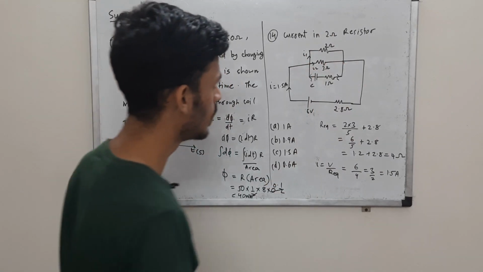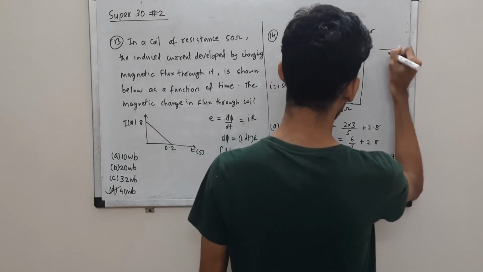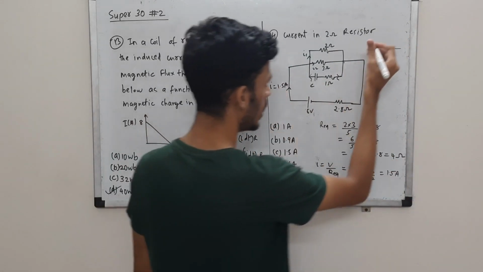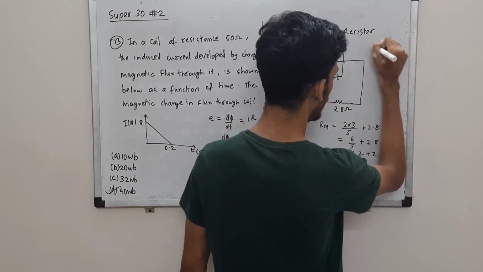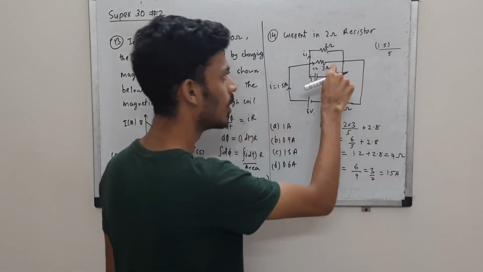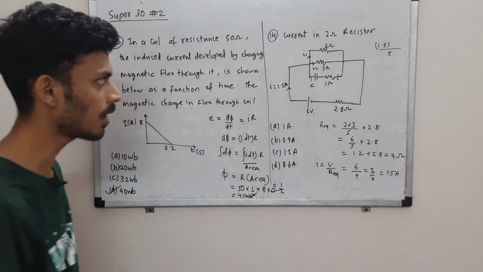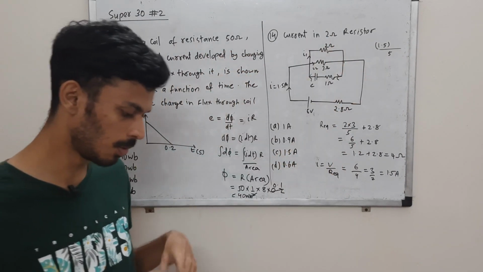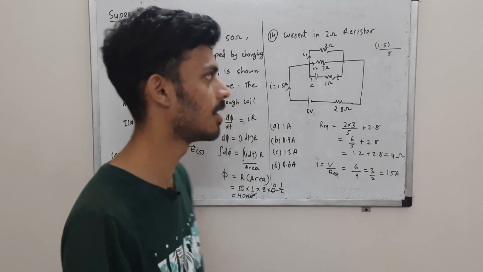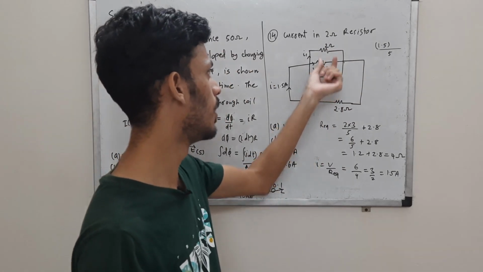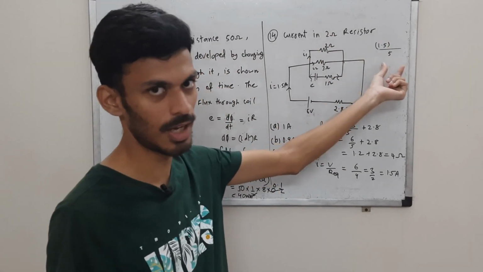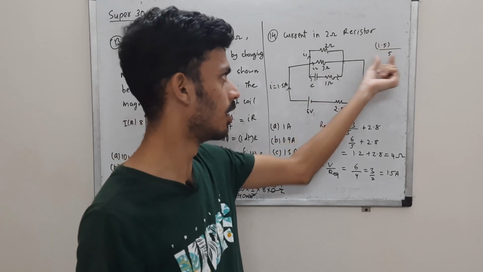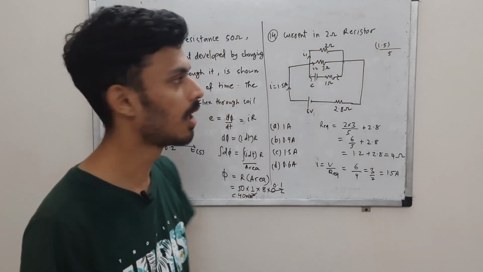Or I'll give you a simple logic. Just divide the total current. The total current 1.5 is divided into 5 parts, because 3 plus 2, the sum of the resistances in the branches. So 1.5 divided by the total resistance 5.